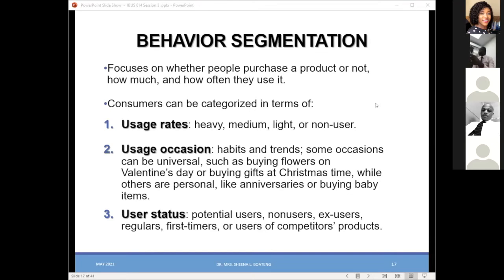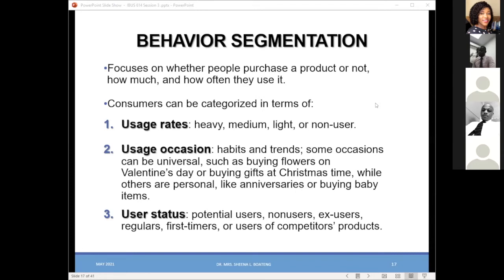Like I mentioned, some users may be non-users, meaning that they have not even attempted to try the product at all. Then we can have ex-users, people who were using a particular product and have stopped, maybe because in that product category they could not find a manufacturer making the product in the form that they liked. So they just stopped consuming that product altogether.